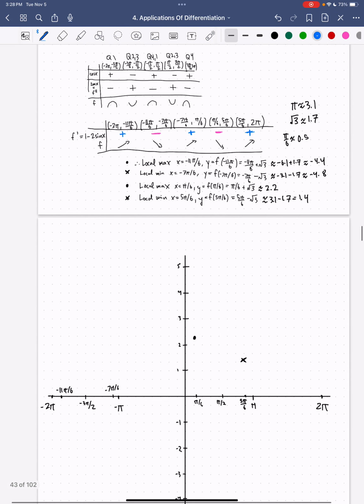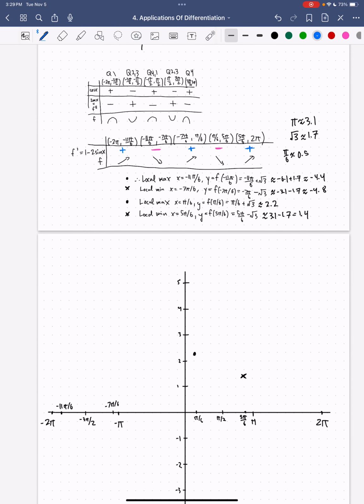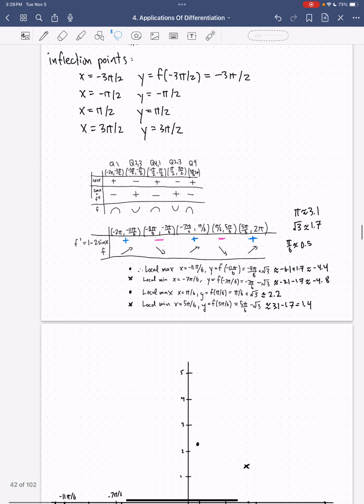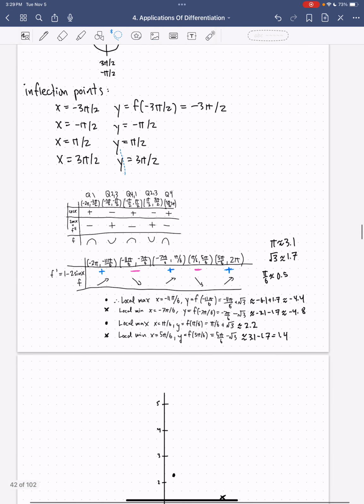Okay, let's put down our inflection points then. I'll copy and paste these as well, actually.